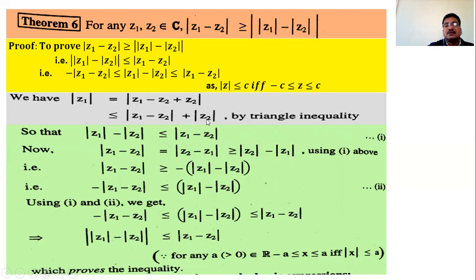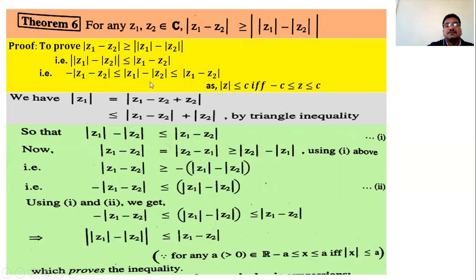Then shift mod Z2 to the left-hand side. So we have mod Z1 minus mod Z2 is less than or equal to mod Z1 minus Z2. This is the first part.